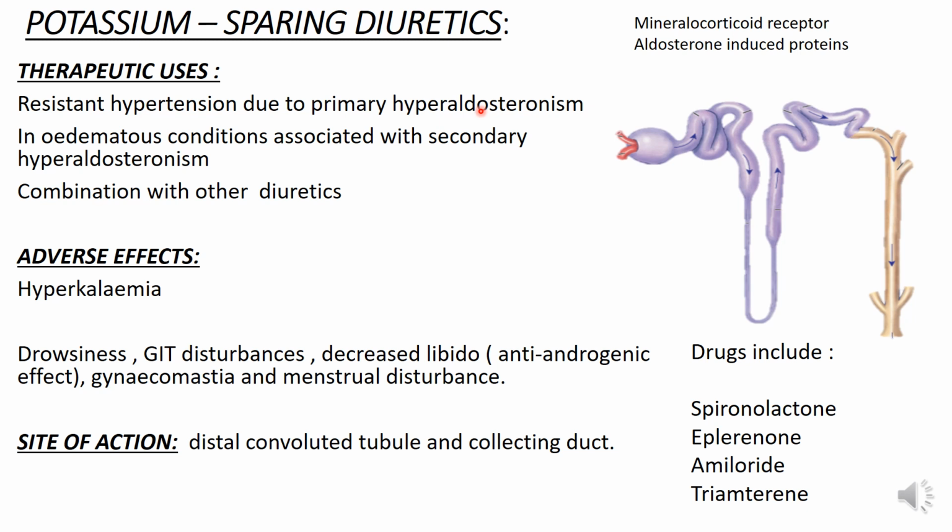Now, what is primary aldosteronism and what is secondary hyperaldosteronism? In primary aldosteronism, there is a high level of aldosterone. When there is a high level of aldosterone, there will be excessive absorption of sodium. This will also lead to the absorption of water, which increases blood volume.